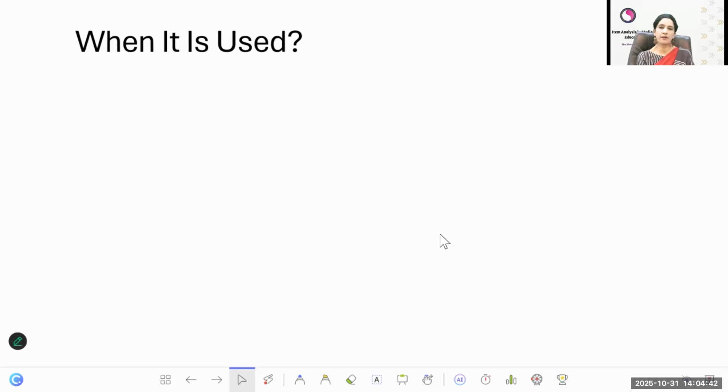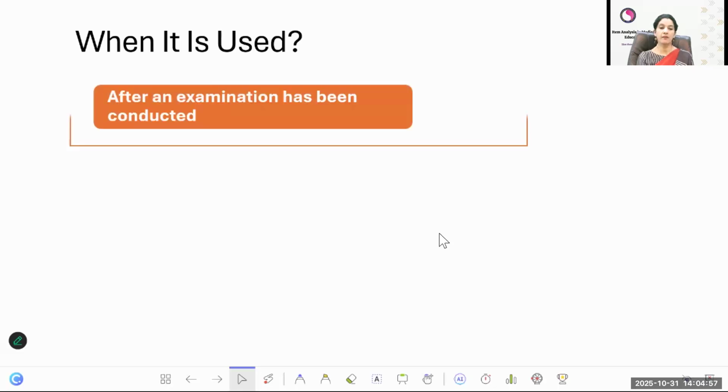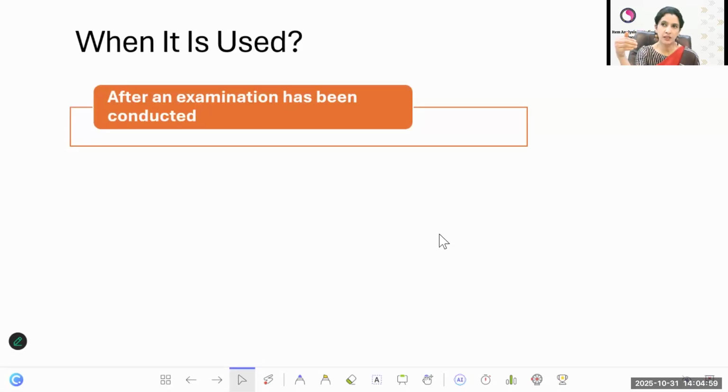So one very important question: when do we use this item analysis? Do we use this before conducting a test, or is item analysis conducted after we have administered the test? Generally, we conduct this item analysis after the examination has been conducted.